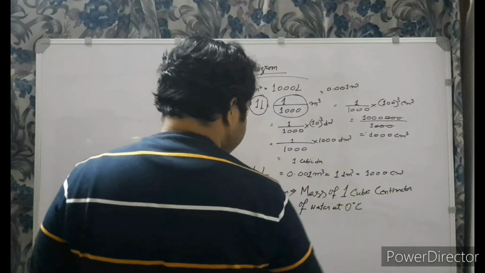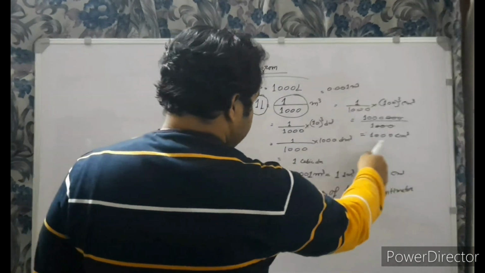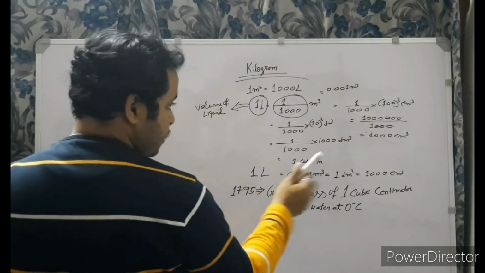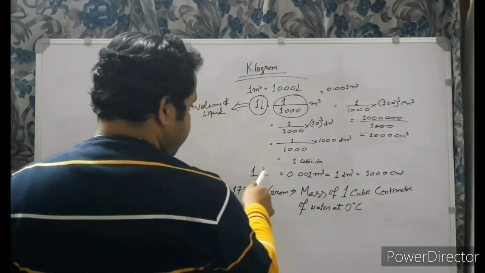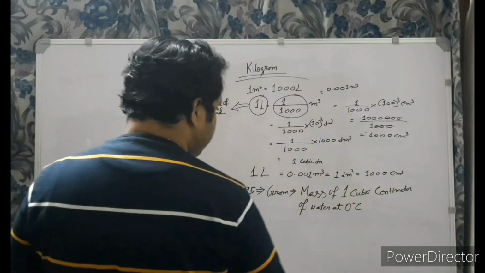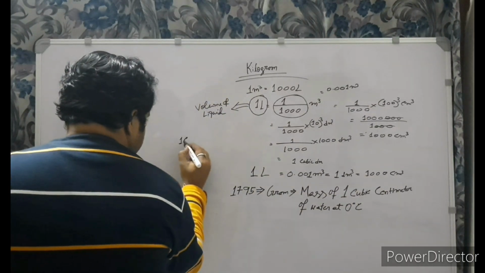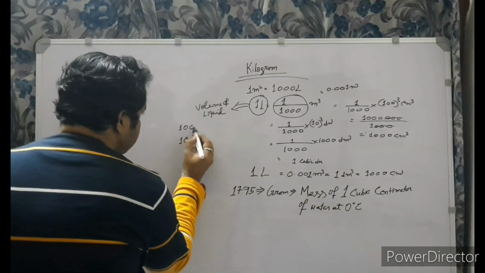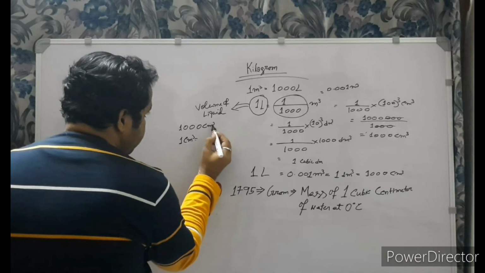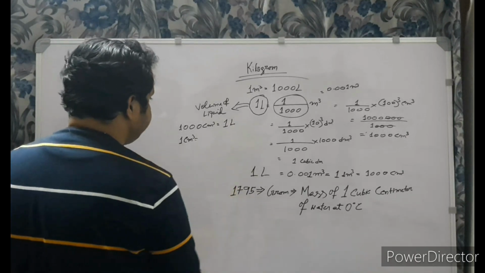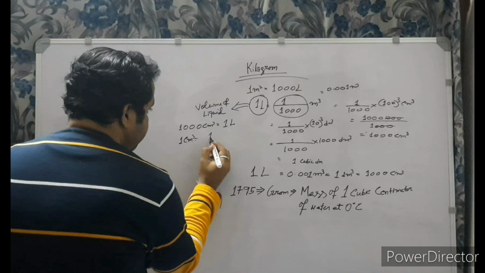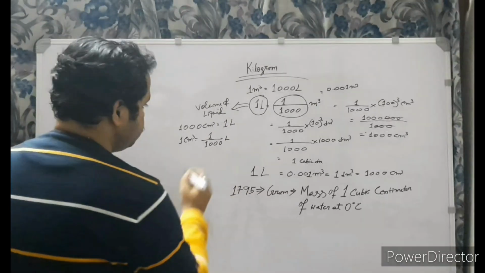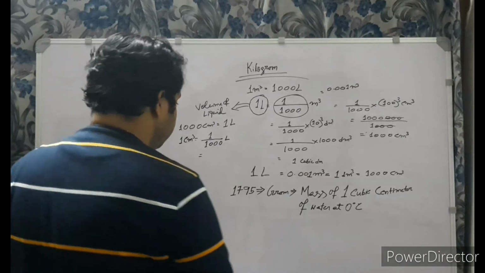Now, 1000 cubic centimeter is 1 liter. So 1 cubic centimeter is how much? 1 by 1000 liter.